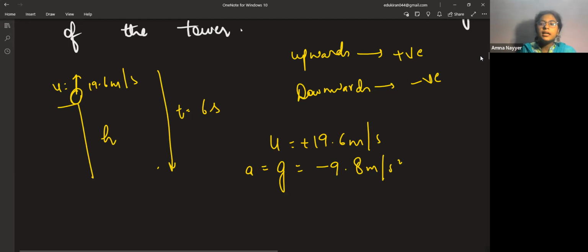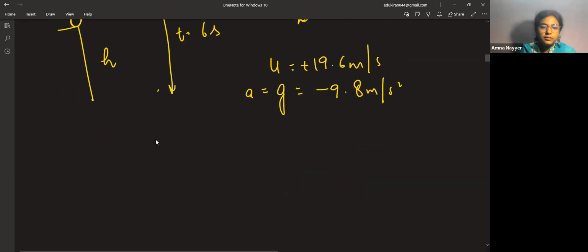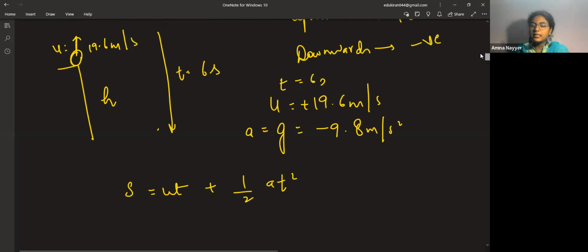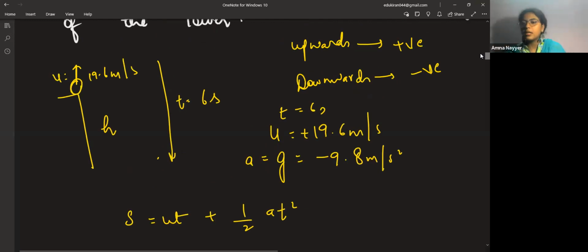Now let's write our equation and put in all the things. S is equal to ut plus half at square, because time is also mentioned, 6 seconds. See, S is displacement. What was the displacement? Height of the tower. Suppose this is the tower.